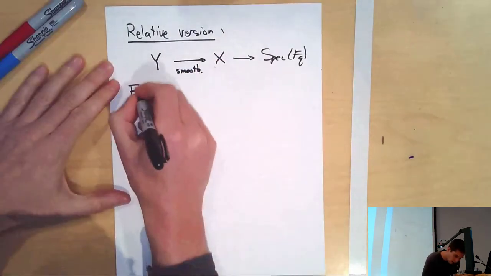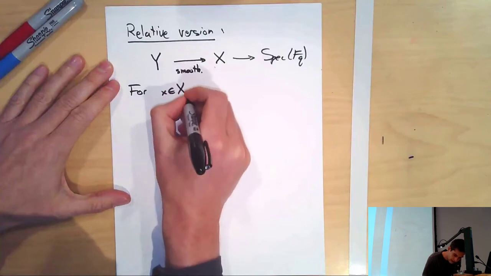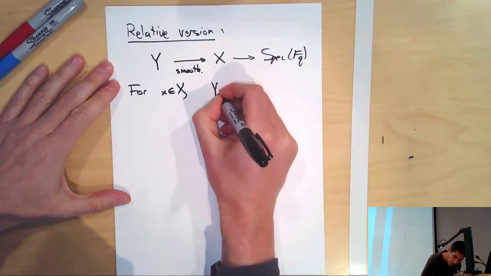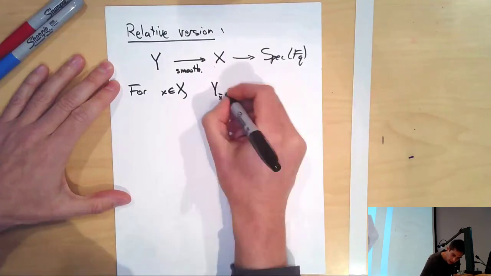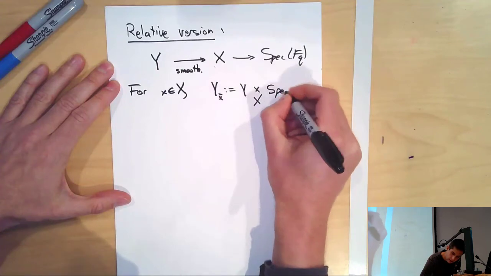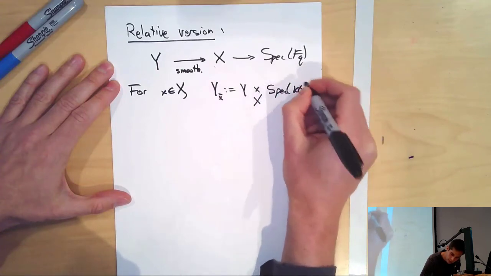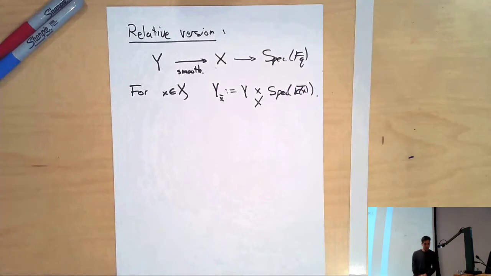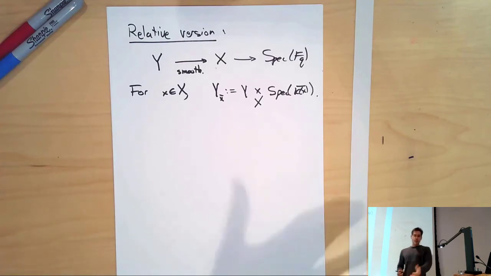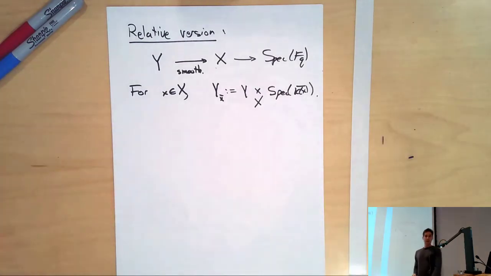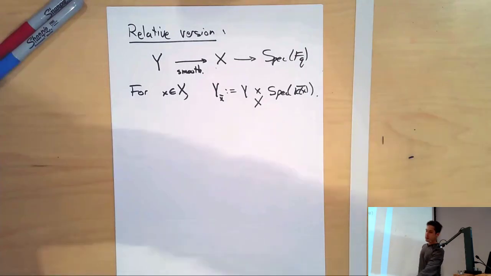And now for each closed point of X, I'm going to write Y_x bar to mean what you get when you take Y and cross it over X with that geometric point x bar that I mentioned earlier. So then this Y_x bar is some smooth stack, which is defined over the algebraic closure of a finite field. And potentially, it's something that you could apply this story to.